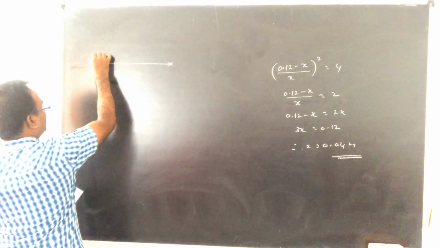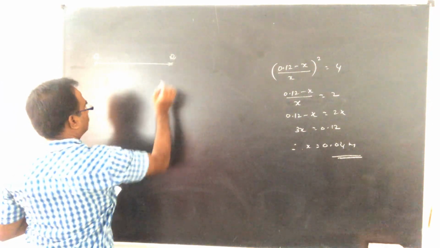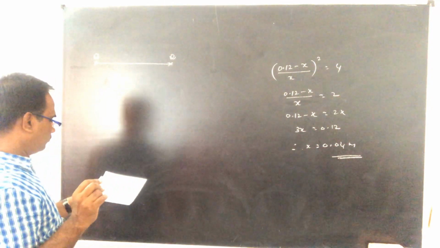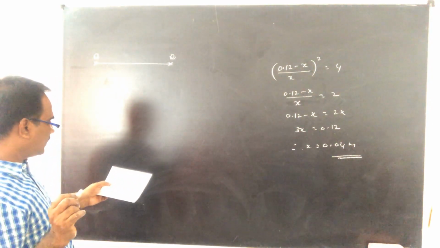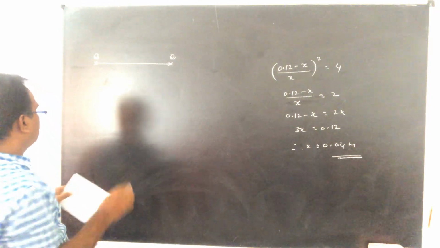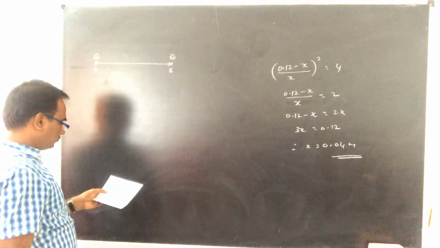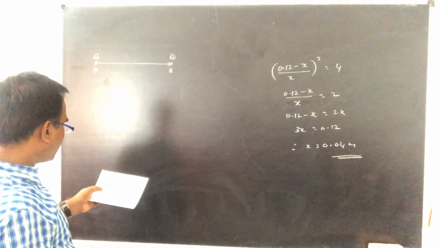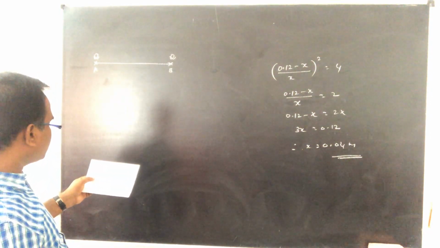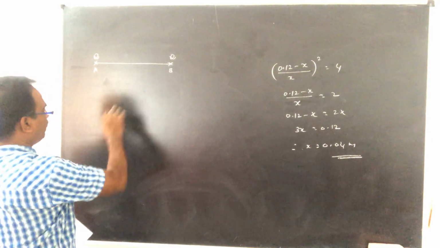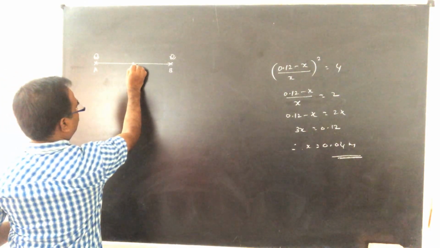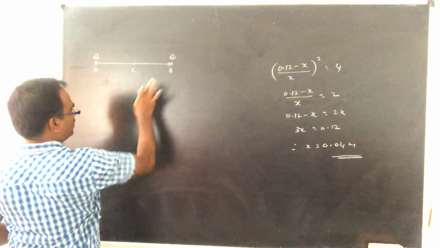Here there are two charges Q and Q, two equal charges. So this is at A and this is at B. A charge Q is placed at the center of line joining these two equal charges. This is the center of line joining these two equal charges.